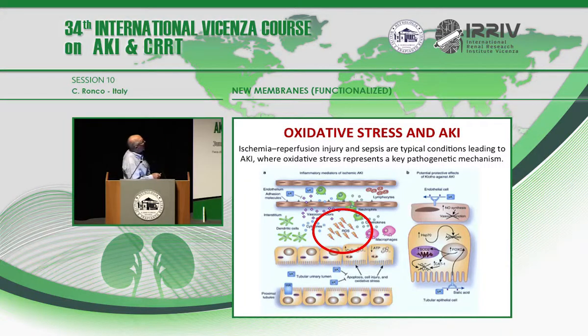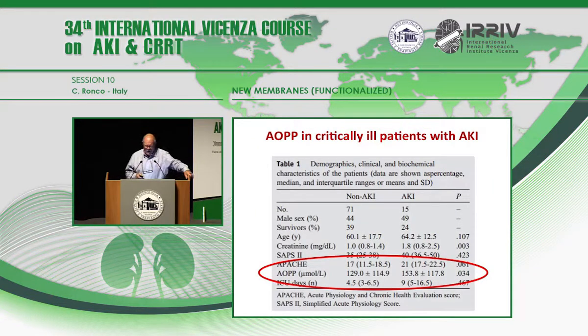And as you can see here, the production of reactive oxygen species due to different inflammatory processes may lead to intracellular calcium rising and activate the possibility of phospholipase A2-mediated damage in the cell. Now, it is well known that in critically ill patients with AKI, the level of advanced oxidative protein products is significantly higher compared to patients without AKI.